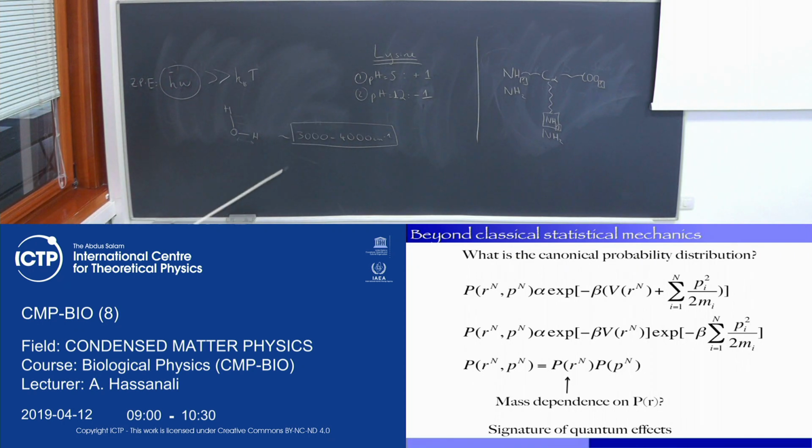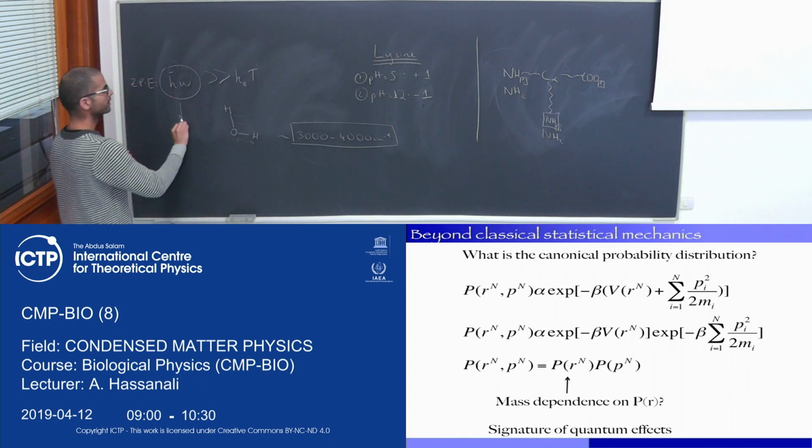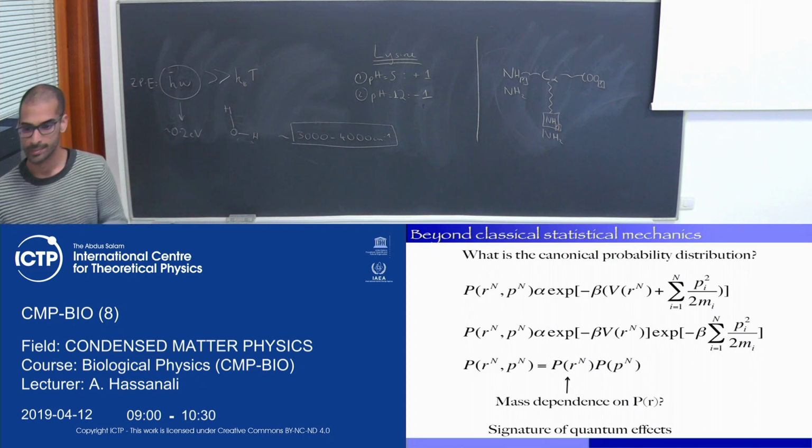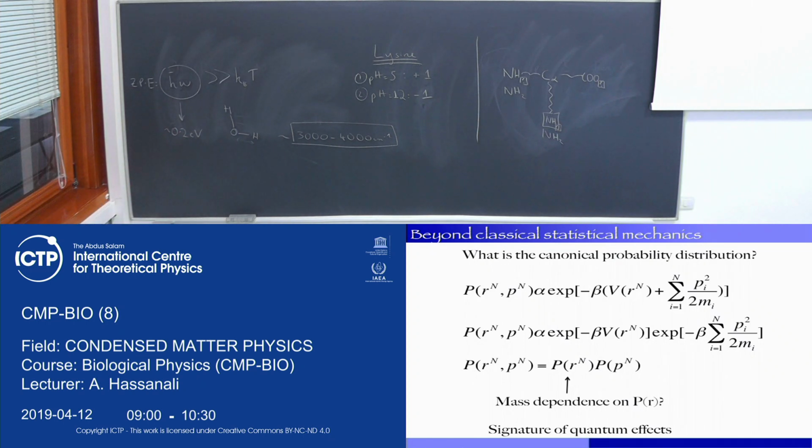So if you plug this in, you'll see that it's much larger than kBT. So this zero-point energy is about 0.2 eV. It's huge. Zero-point energy is much larger than thermal energy at room temperature. That's 25 milli eV.